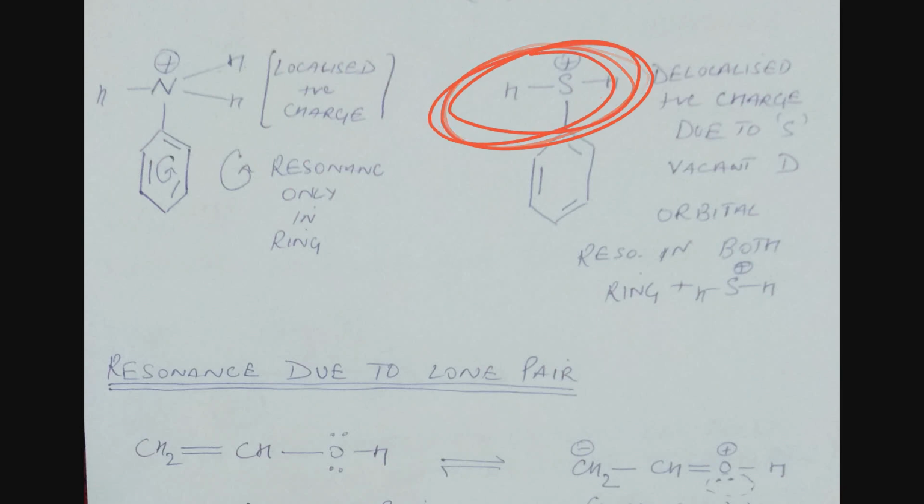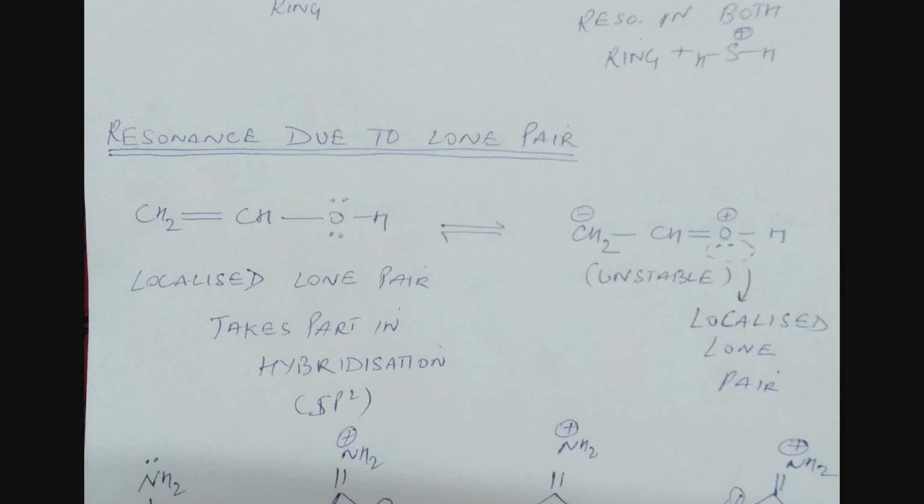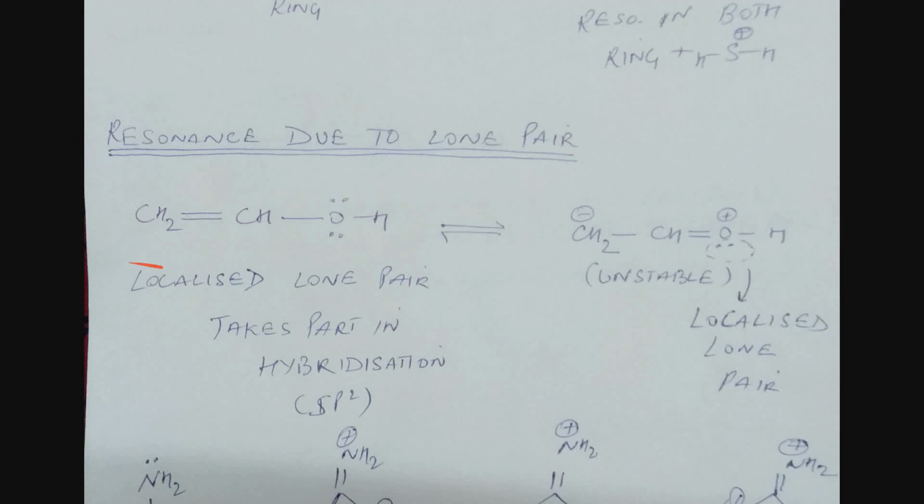Now we have come to the point of resonance due to lone pair. There is a double bond, then a single bond, then there is a lone pair which can be shifted. I have taught you that there should be an entity which can contribute to resonance, a single bond and a double bond.